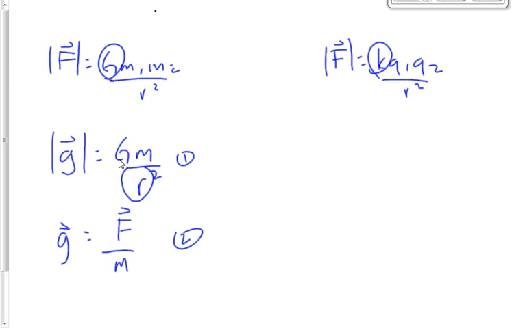Hey, what if you've got data about both the producer and the experiencer? What if we have data about the Earth that causes the field right there where Brett is, and then what if we have information about Brett that's experiencing the field right there where Brett is? Which one do I use? Doesn't matter, whichever one you want.